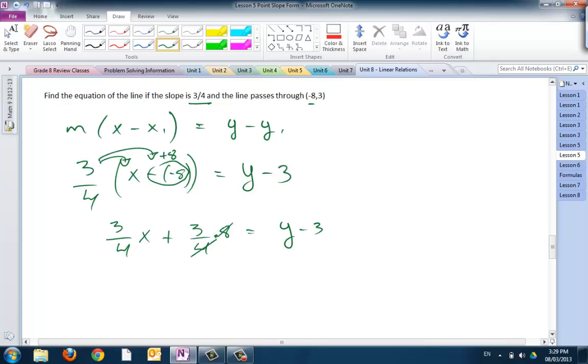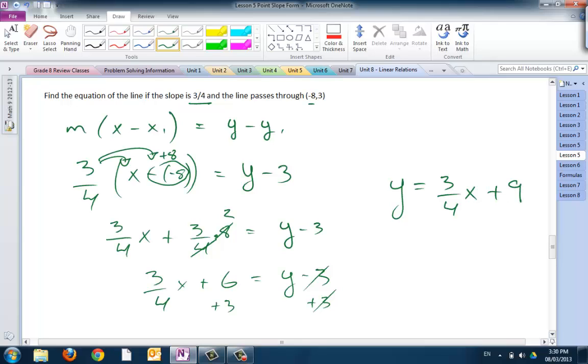Well, that goes into that, leaves me with 2, so I get 3/4 x plus 6, because 3 times 2 is 6, is equal to y minus 3, plus 3 on this side, plus 3 on this side. Those cancel. And that leaves me with y is equal to 3/4 x plus 9. Okay, so it's not a bad little formula. Really easy to find the equation for the line if you are given the slope and a point.